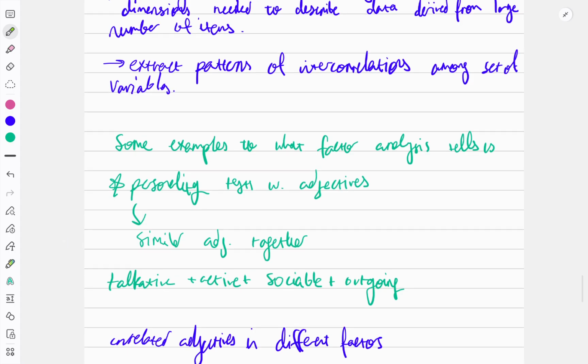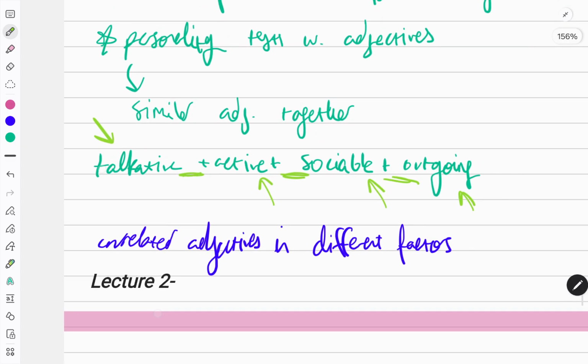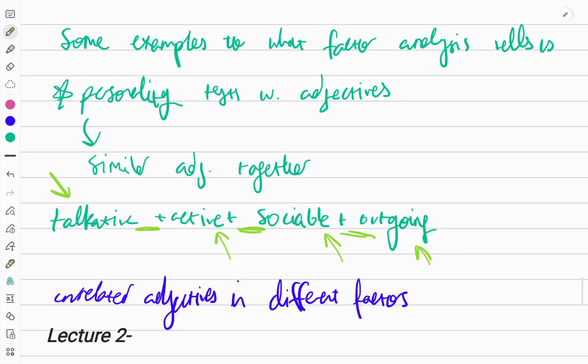Some examples of what factor analysis tells us are personality tests with adjectives. We find that similar adjectives are usually found in the same people. Like if the person is talkative, then the person is usually active, and then usually sociable and outgoing. So all these things are somewhat connected, we find. We can also find unrelated adjectives in different factors, so we can find what is not related.